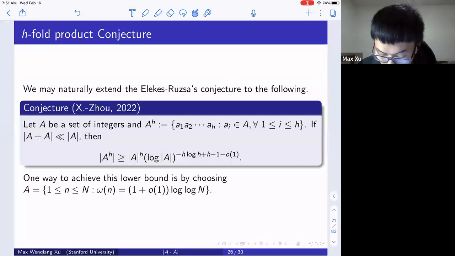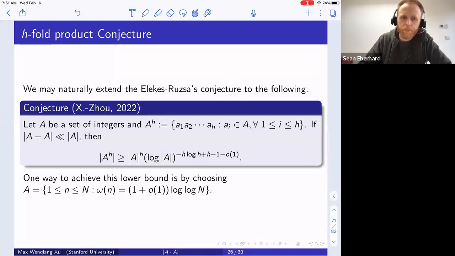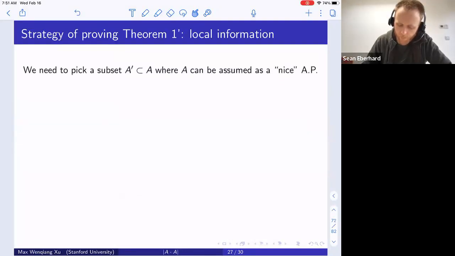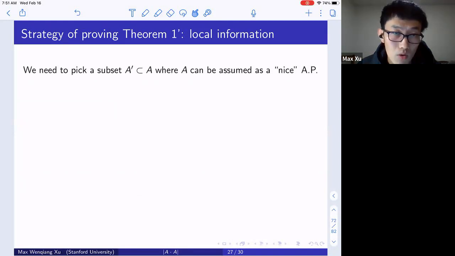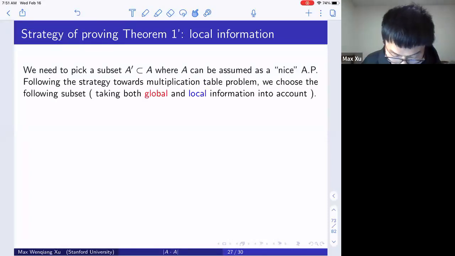So now we're going to move on to mention some additional ideas in improving Theorem 1'. It has many common features with 2'. All the reduction steps we mentioned before will also apply to 1'. So from now on, we just assume our AP is also nice, in the proof of Theorem 1'.